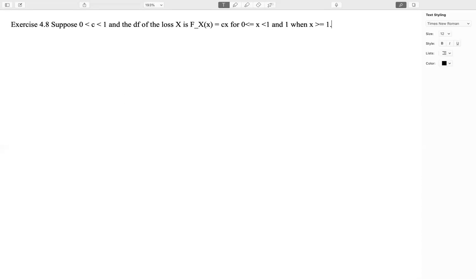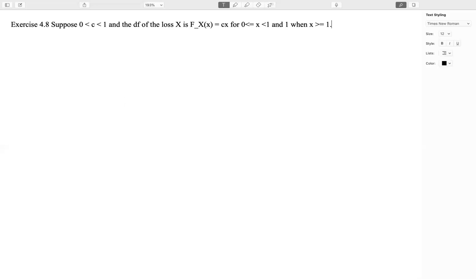So here we have this rather strange shape, and we want to know the distribution function, the expectation, the VaR, and the TVaR.